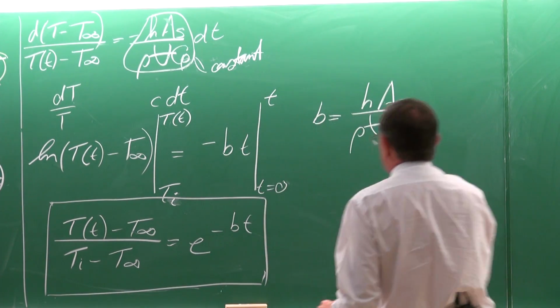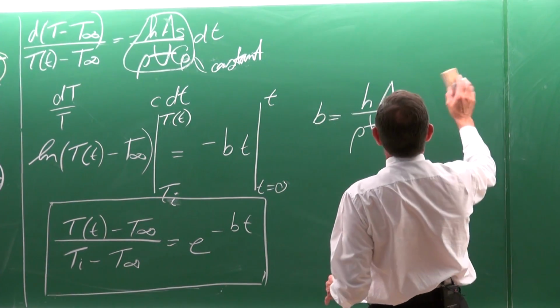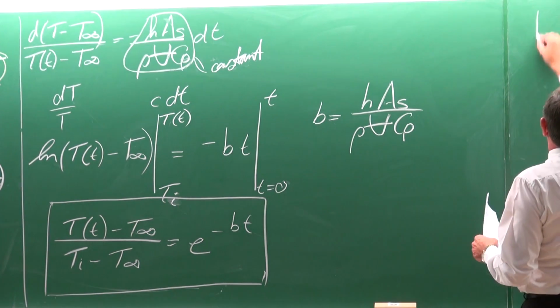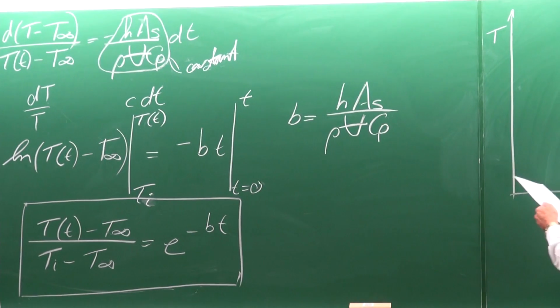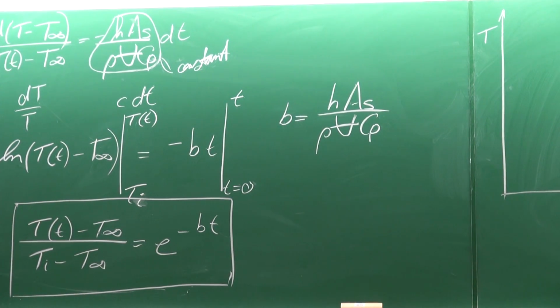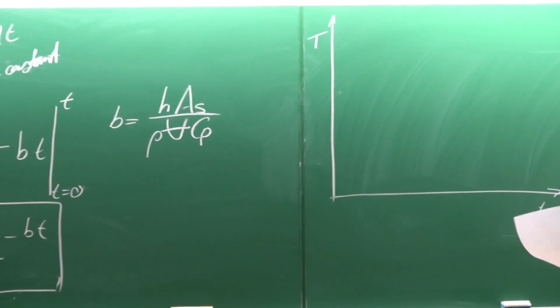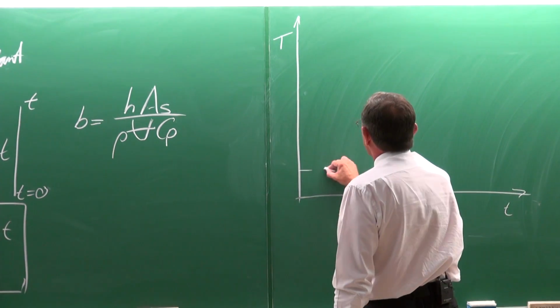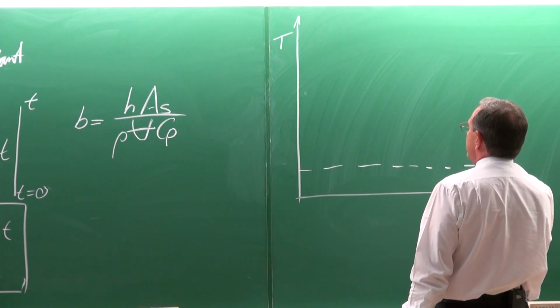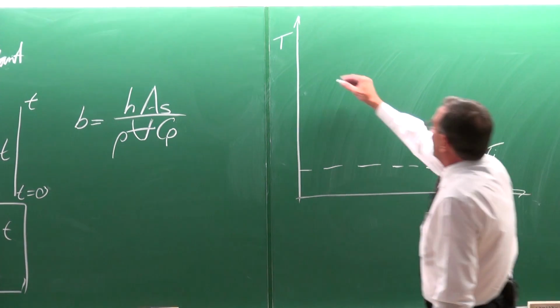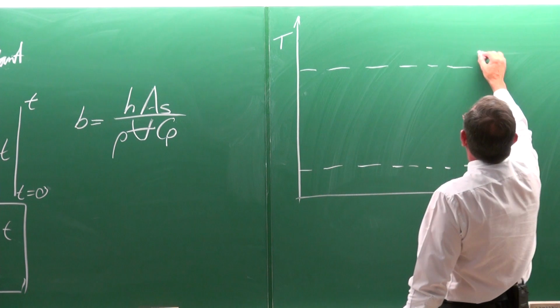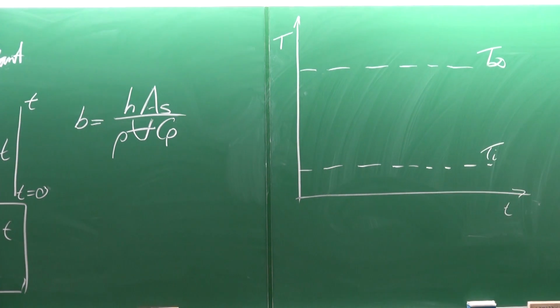In terms of the solution, if we now go and look at the solution of temperature as a function of time, and if that is equal to Ti, the initial temperature, and if that is equal to T infinite, then everything should happen between those two temperatures. You agree? Okay.